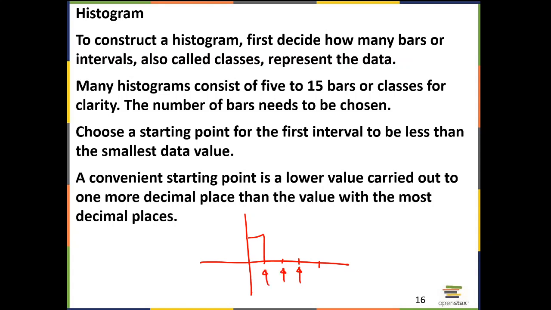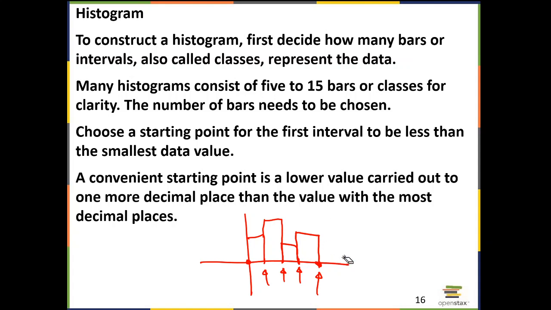And on the top you have bars, just like bar graphs. So what you have to decide when you want to graph a histogram is what number to start with, what number to end with, and how many bars you want. So let's do that.